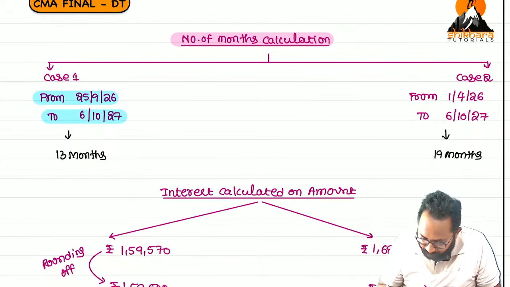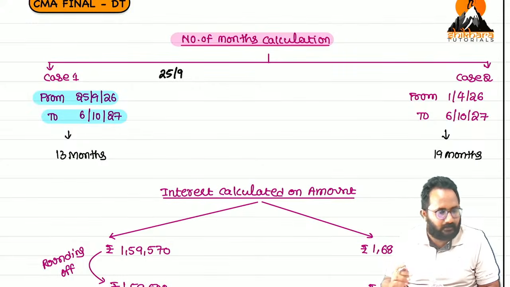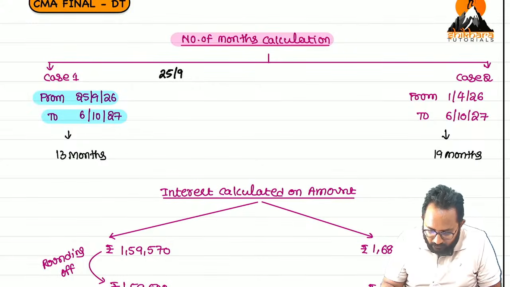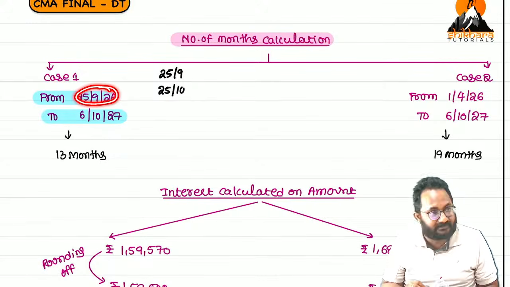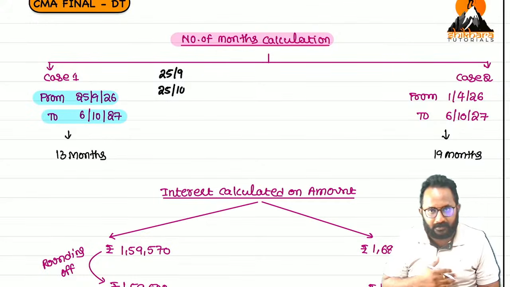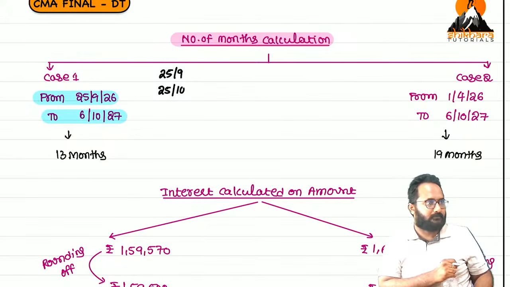25th 9, when the next month will end, the first month will end, that is 25th 10. You should not calculate September 5 days or 6 days as 1 month. Whenever the period starts, from that date you have to take 1 month.